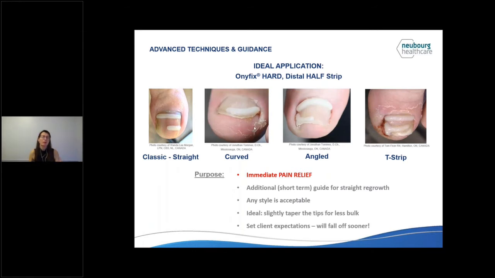Curve then would be probably used more for fresh PNAs or a fresh wedge resection, if any of you guys are doing those. But the angled one then would be more for when you haven't done any slicing and dicing to the nail, so you can just follow that whole corner, and it tends to have more surface area coverage if it's following the actual nail shape.